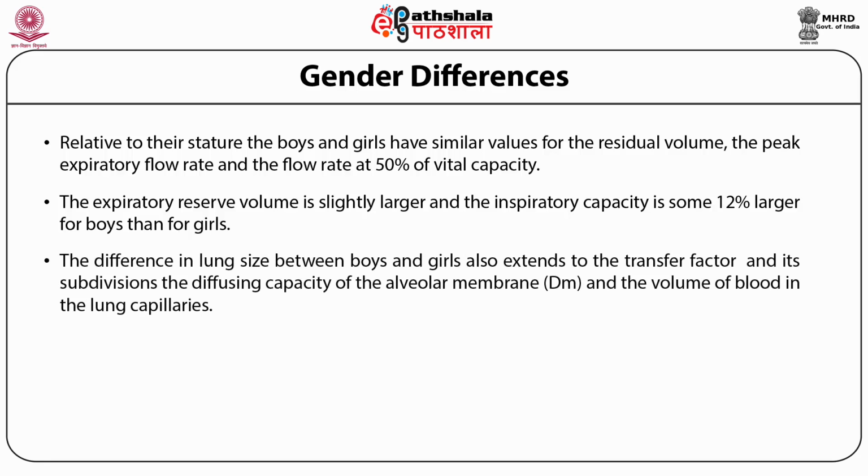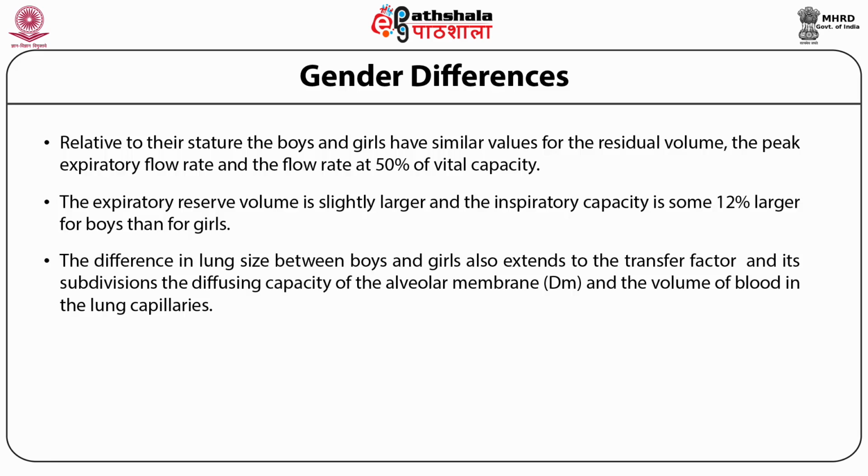The difference in lung size between boys and girls also extends to the transfer factor and its subdivisions, the diffusing capacity of the alveolar membrane and the volume of blood in the lung capillaries. The transfer factor and lung volume is generally similar across the sexes.